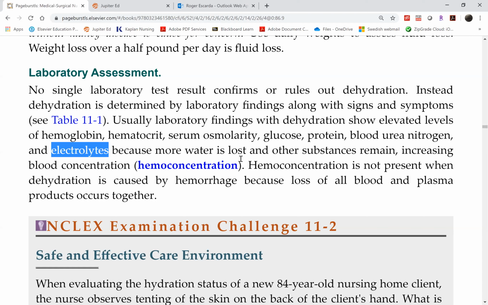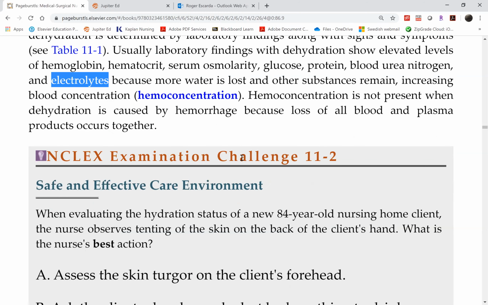Okay, but again, it will depend on how the patient lost the fluid, because we can have fluid loss only, or a total fluid loss, which includes electrolytes. Or in the case of, let's say, you're bleeding, hemorrhage, so you will lose all of it. So it really depends on how you lost the blood volume or the fluid volume.